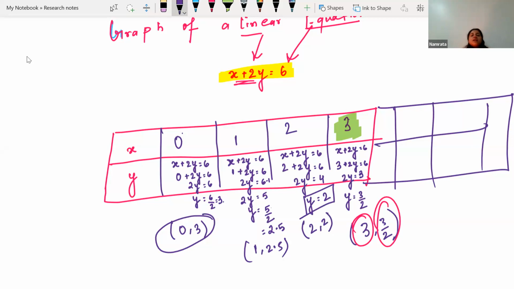I said to you, find at least 4 points and just go and plot the graph. So if we are taking x as 4, let's check what will be the y value. Here we are taking x as 4.